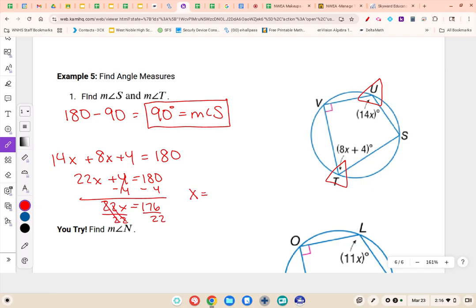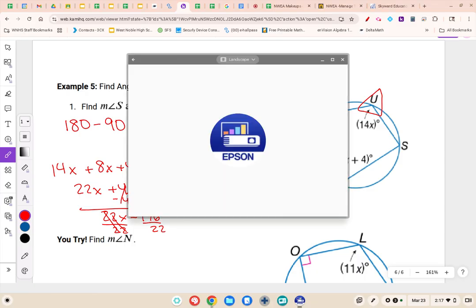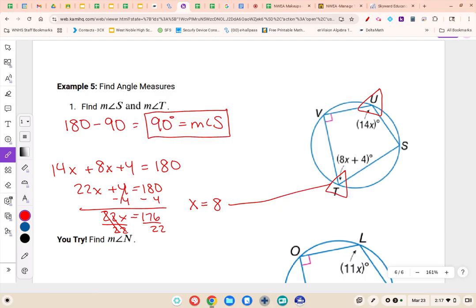So x is 8. That's not the final answer though. We want angle T. So we have to plug it back into here. So 8 times 8 plus 4, or 68 in total, is the measure of angle T.